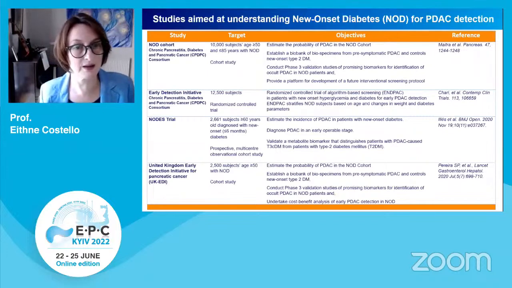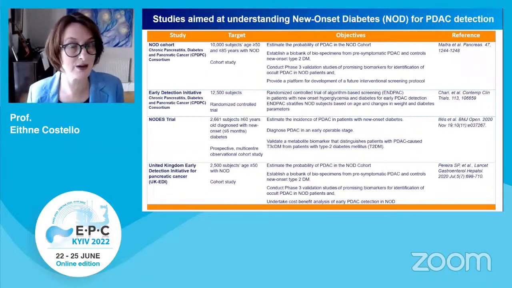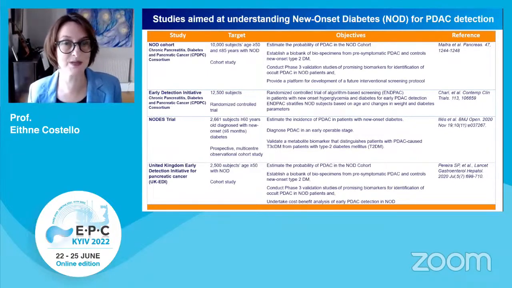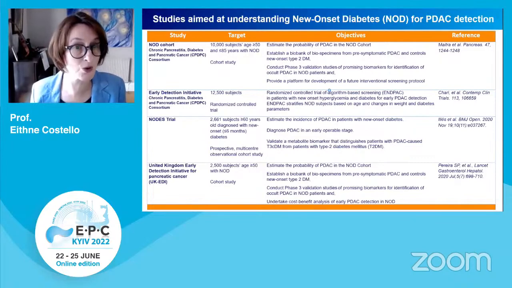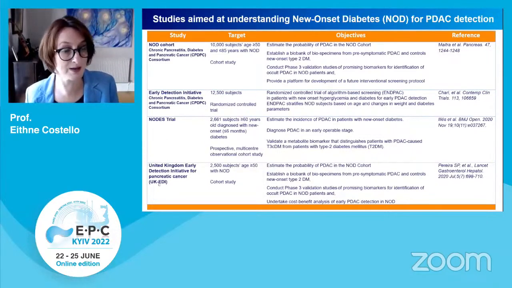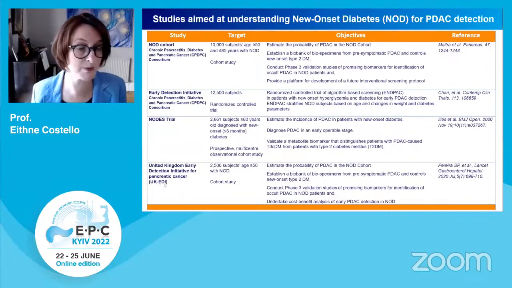So I'm happy to say that there are a number of studies now aimed at understanding new onset diabetes for pancreatic cancer detection. And these are mostly cohort studies. There are 2 studies in the United States, there's a study in Hungary, and our own study in the United Kingdom, and I'll present a little bit more about that as I go along.